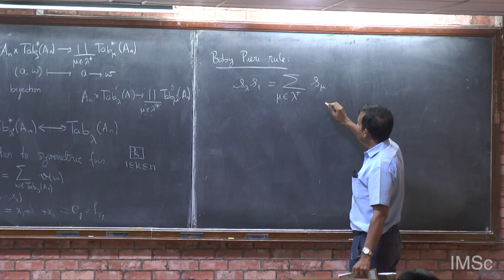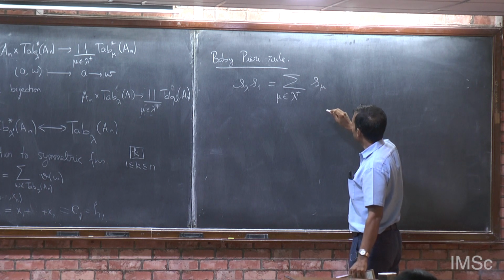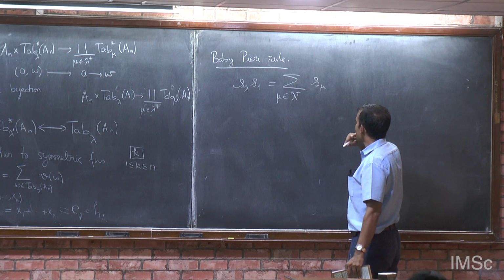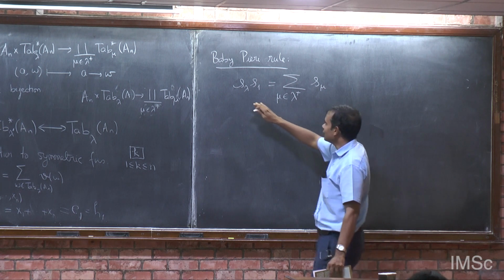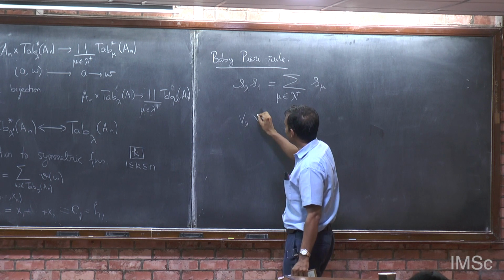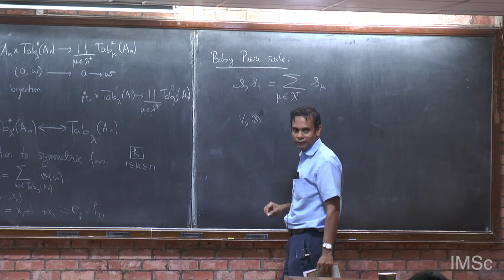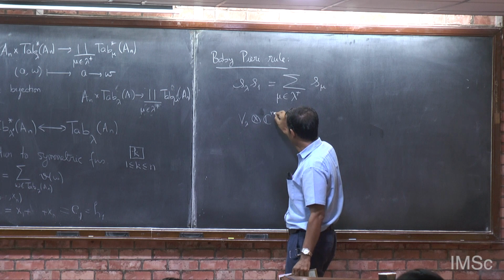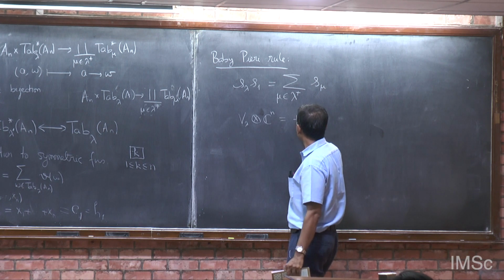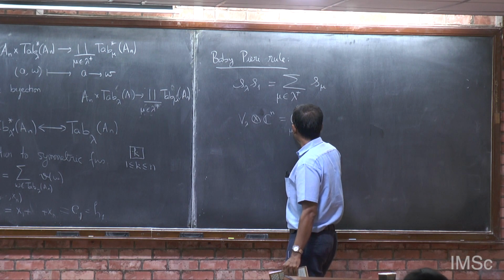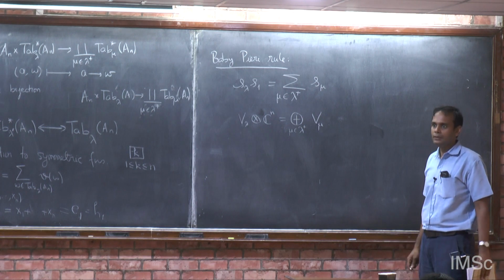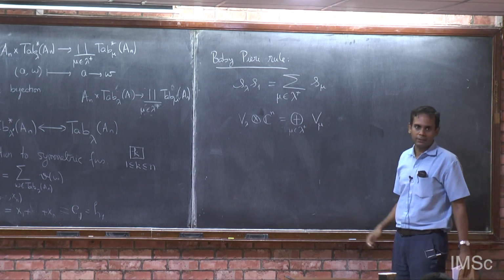If you take the representation V lambda and tensor it with the representation corresponding to 1, which is just C n, the natural defining representation of GLn, then this is the representation theoretic manifestation of this.